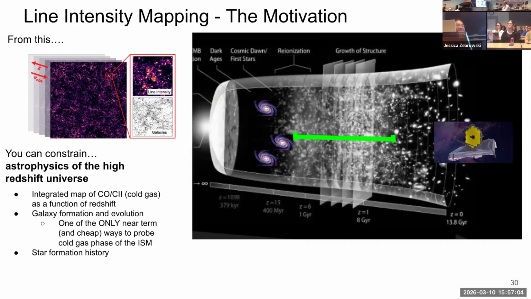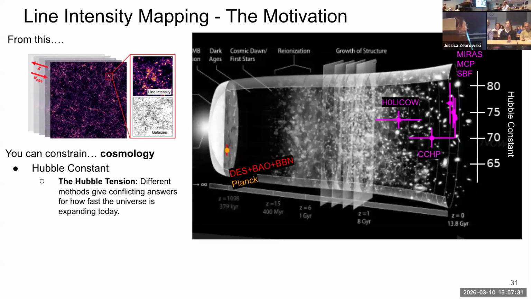And what I'm hoping is that with line intensity mapping, we get this integrated map of CO or C2, this cold gas as a function of redshift. And this can help us get a handle on galaxy formation and evolution. What this is cool for is that this is one of the only near-term and, importantly, super cheap ways to probe the cold gas phase of the ISM going back in cosmic history. And so get this really unique handle on the star formation history of the universe.